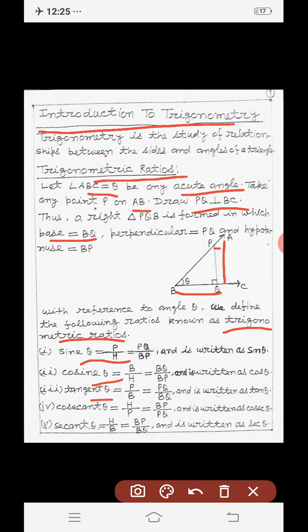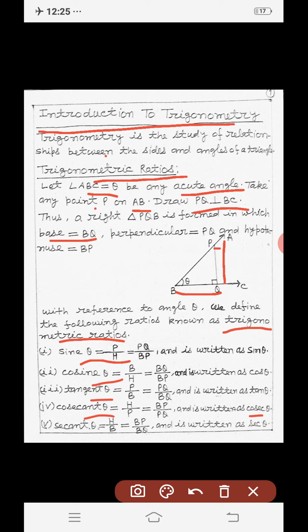This is equal to PQ by BQ and is written as tan theta. Fourth, cosecant theta is equal to hypotenuse by perpendicular. This is equal to BP by PQ and is written as cosec theta.